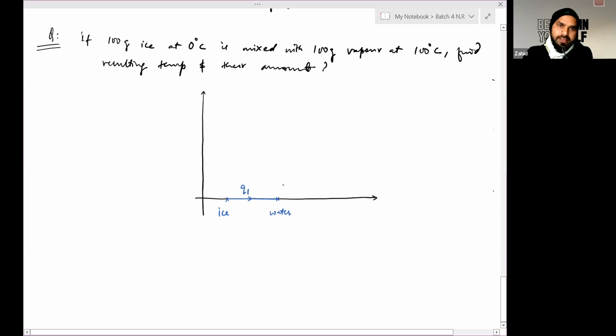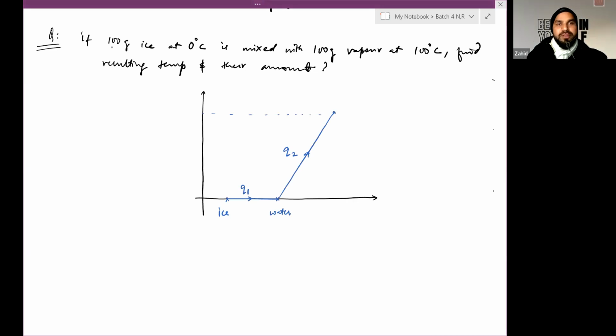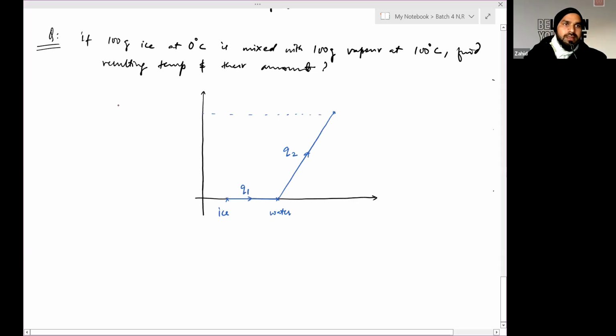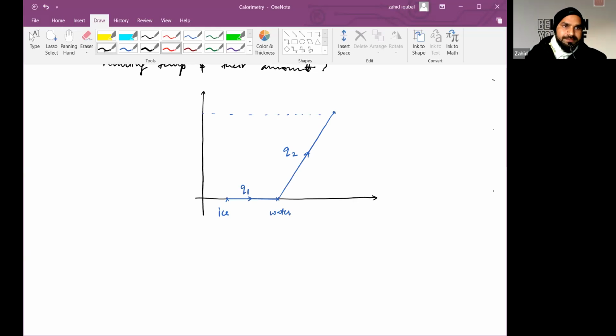Then if this system has more heat energy, it will move from this point to this point to raise its temperature up to 100 degrees Celsius. So it will be Q2. And if it has further heat energy, that will convert it into steam. Let me stop at this part.